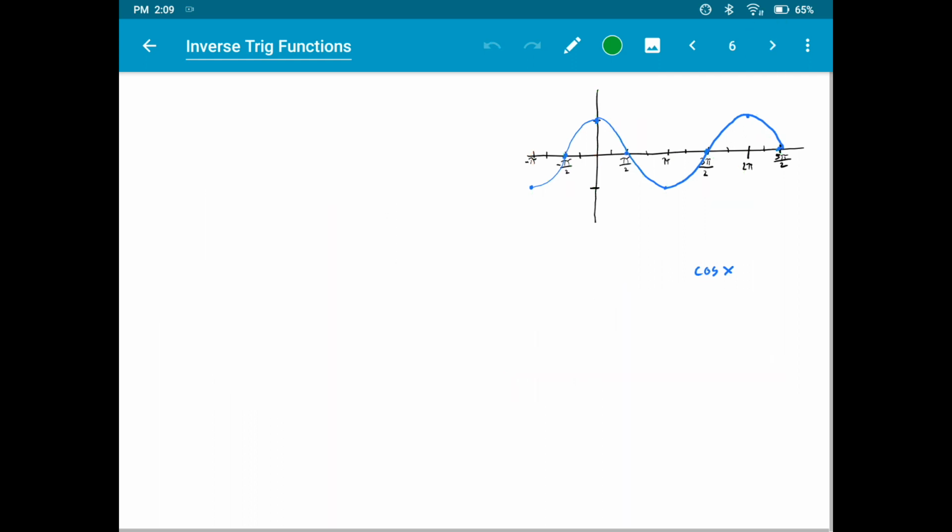For secant and cosecant, we have a little bit more complicated situation. So the secant of x is equal to 1 over the cosine of x. So everywhere where the cosine of x is 0, we expect a vertical asymptote.